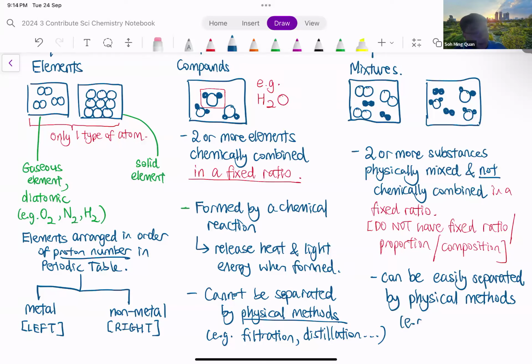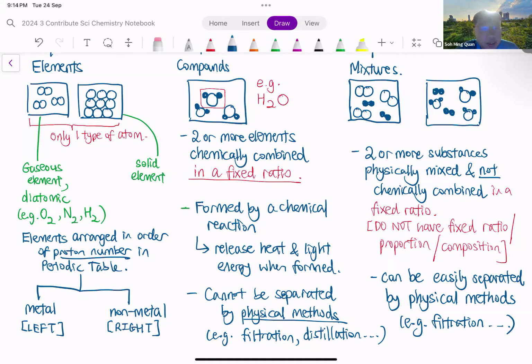Just now we said filtration, distillation, evaporation, crystallization, and so on. Your physical methods basically is what you learn in chapter 1, separation techniques. So if you have missed out on chapter 1, please go back and watch the video for chapter 1, separation. Those are all the physical methods of separating mixtures.